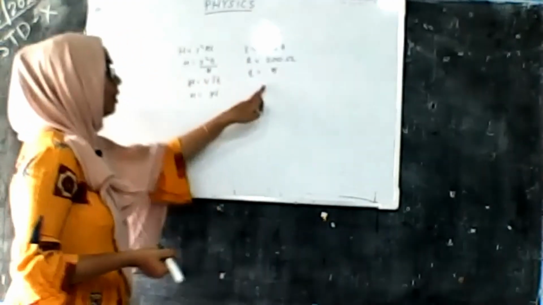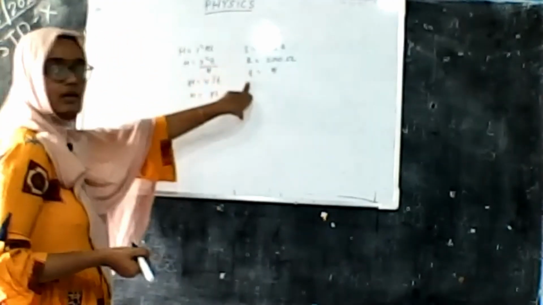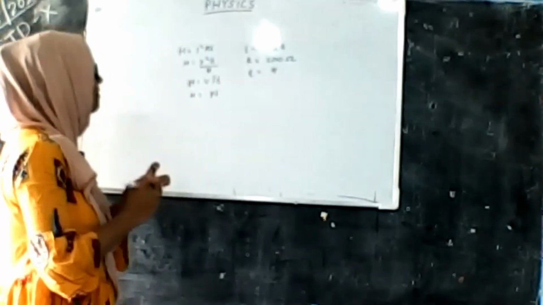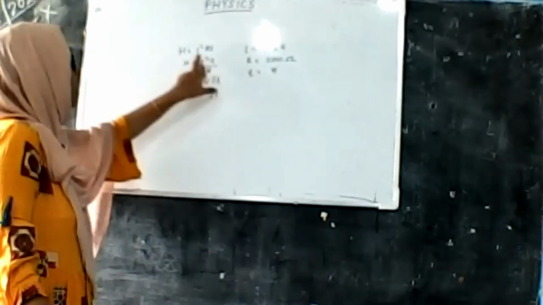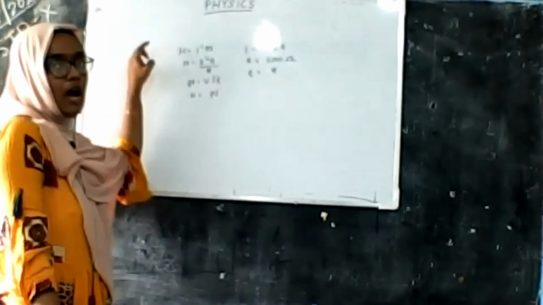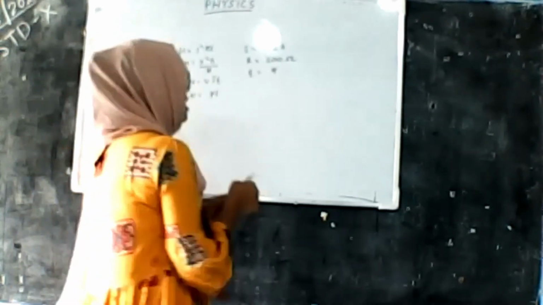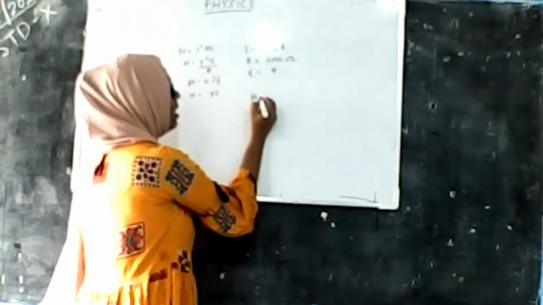Okay, and now we know I, R, T. So our basic equation of Joule's law has these three measurements, I, R, T. So we have to use the first equation here, H is equal to I square RT, and put all these into our equation.